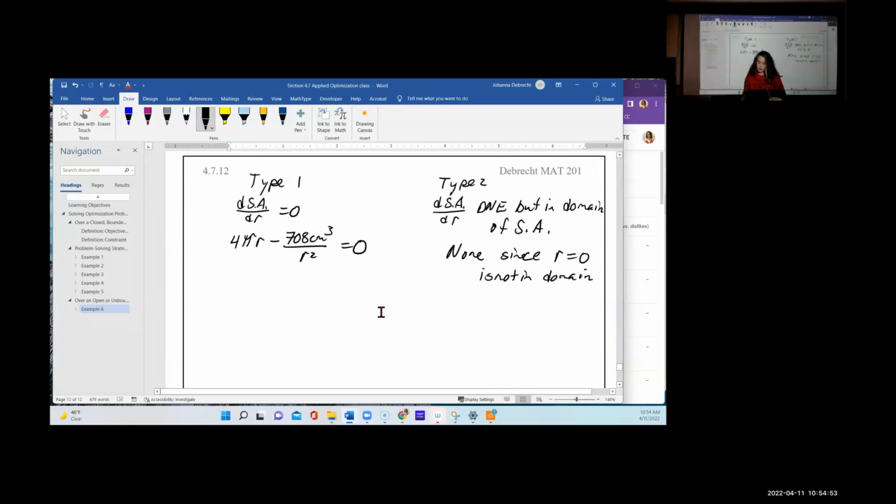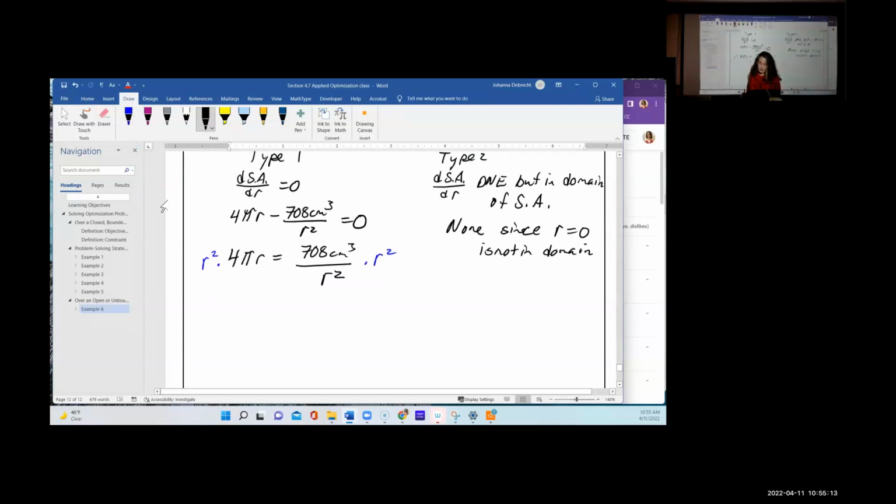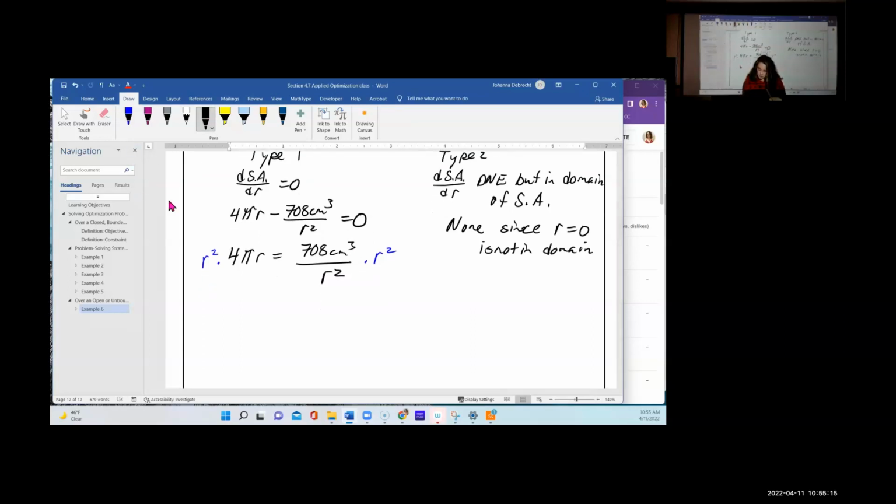So the next thing I'm going to do is move one of these to the other side of the equation. So I have 4 pi r equals 708 cubic centimeters divided by r squared. Then I'm going to multiply both sides of the equation by r squared to get that out of the denominator. I know that r cannot be 0, that's not in the domain, so there's no problem with multiplying by r squared.